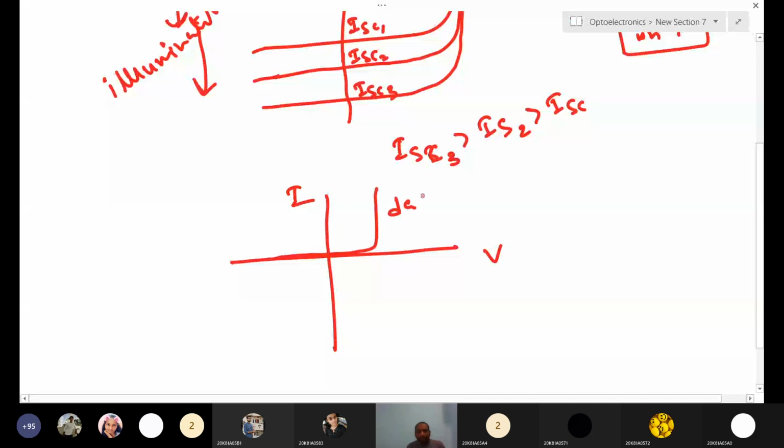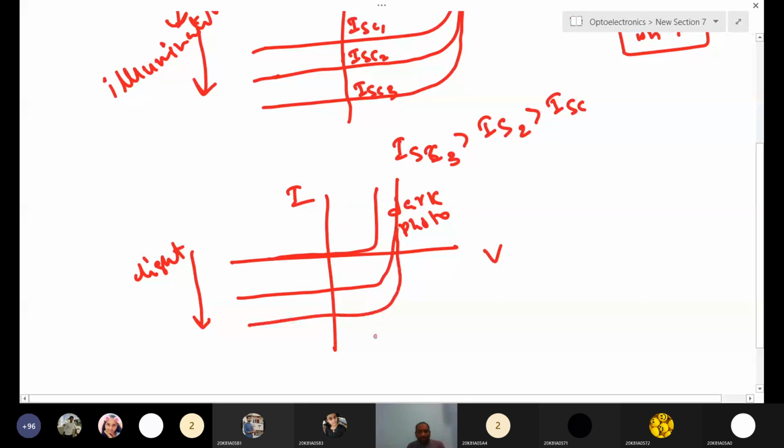This is dark. When you illuminate with some light, the current curve will shift down. This is the photo current. Next one is photo current. If you increase the light intensity, the current in the device will also increase. The curve will shift like this. This is the ISC.